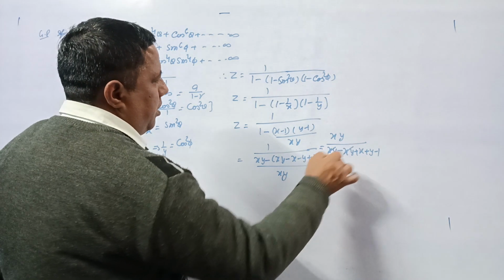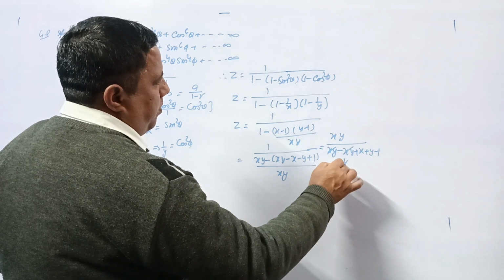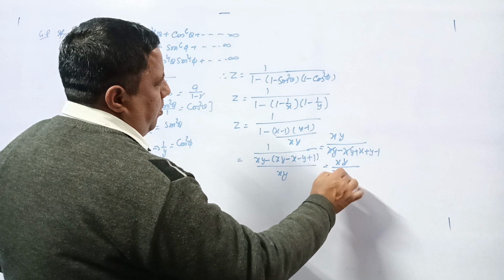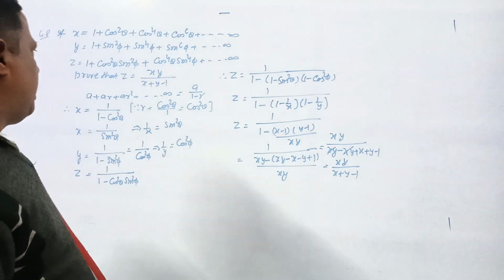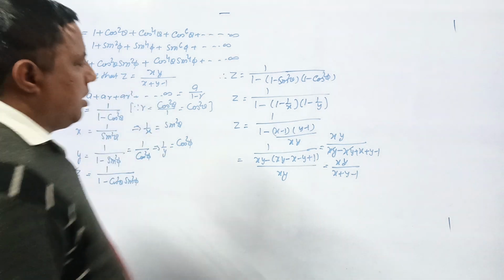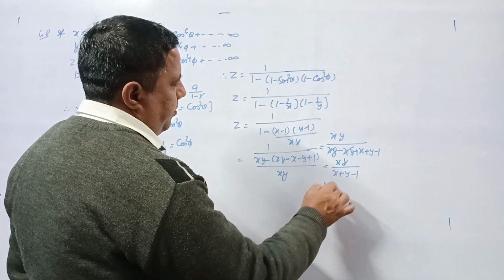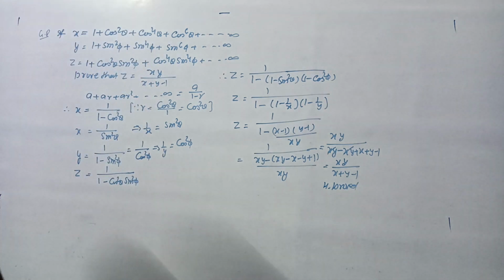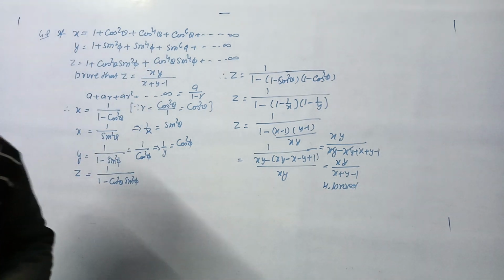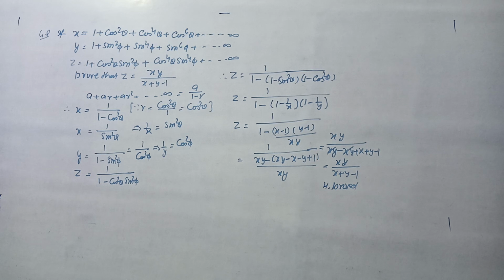That is cancelled. That gives us xy upon x plus y minus 1, which we needed to prove. Hence proved. So we can prove it with the help of an infinite series.